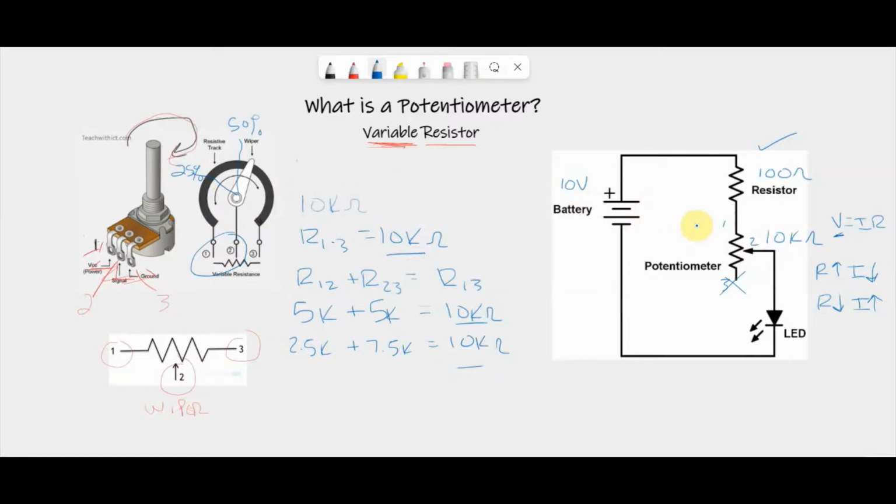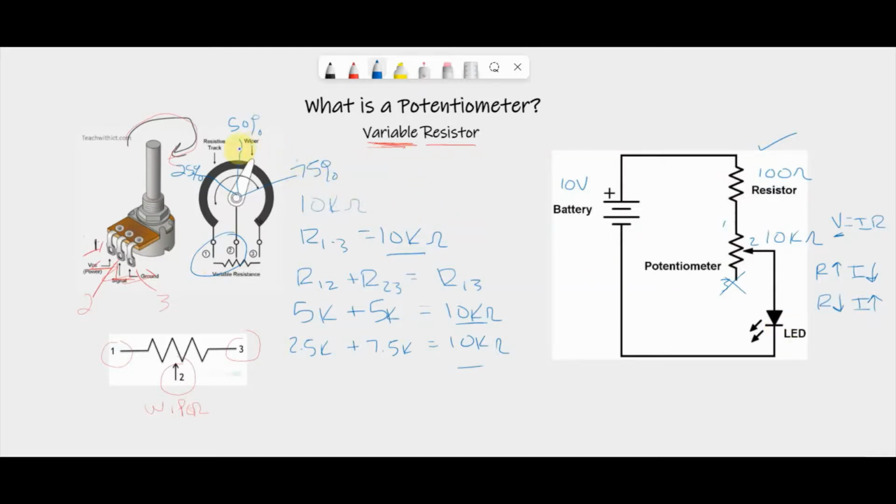All right, so let's say, for example, we open this up a little bit, and we're at the 75 point over here, 75%. So if we're at 75% between 1 and 2, then our resistance is going to be 7,500 ohms, which means we're going to be limiting pretty heavily the current going to this LED.